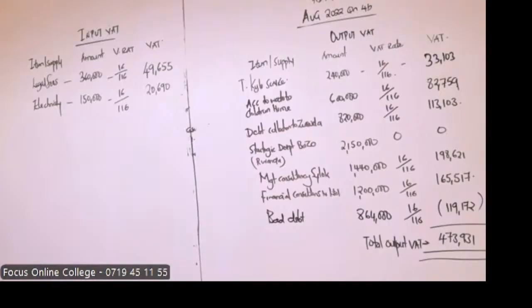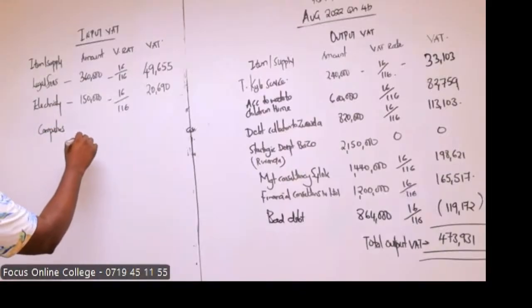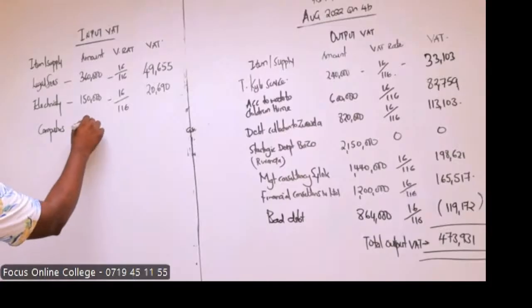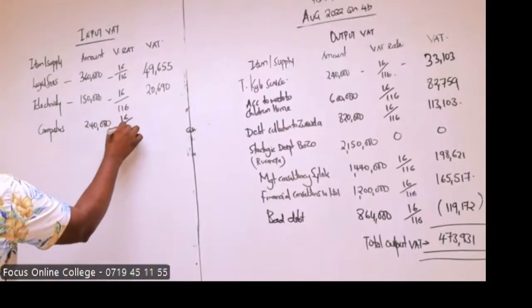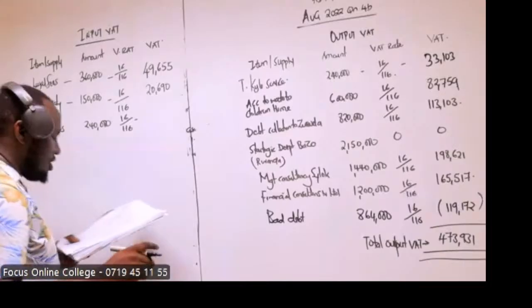Well, consumed by partner, that was private. Computer purchased. We had a figure of 240, 16 over 116. So what is a computer?